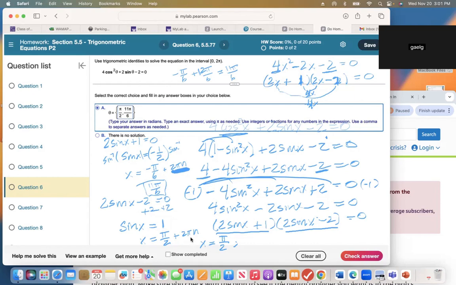Do you have to get the common denominator for the pi over 2 plus 2 pi? The instructions say to type the exact answer using integers or fractions, and use a comma to separate the answers. 11 pi over 6. We wanted negative 1/2. That's negative pi over 6.